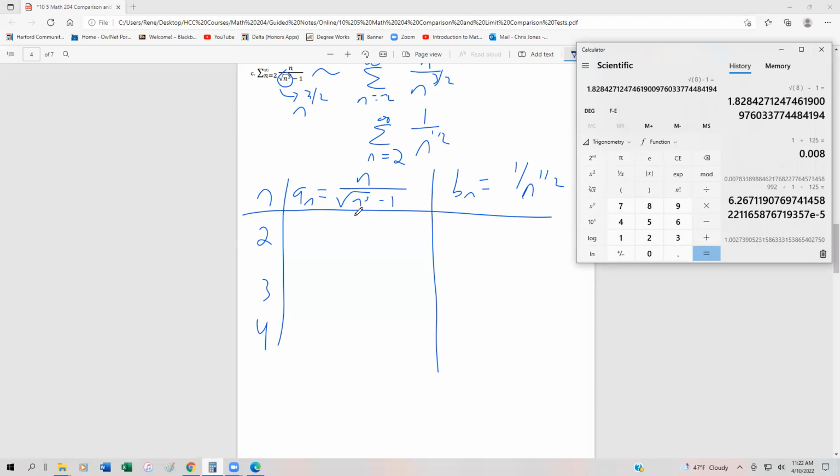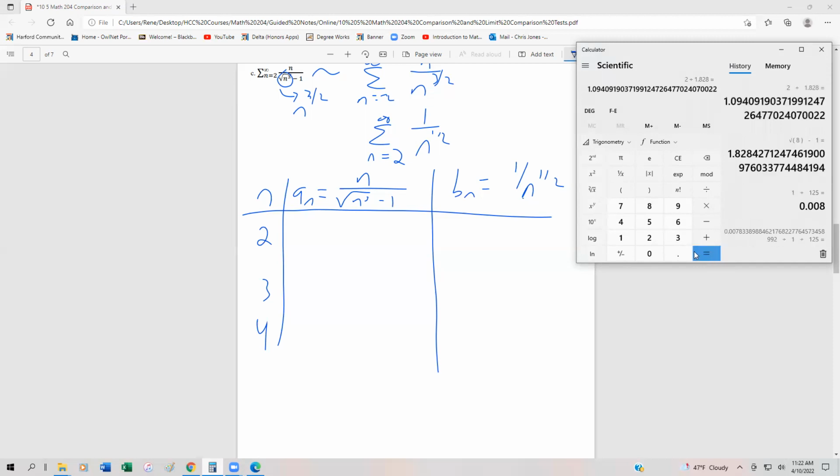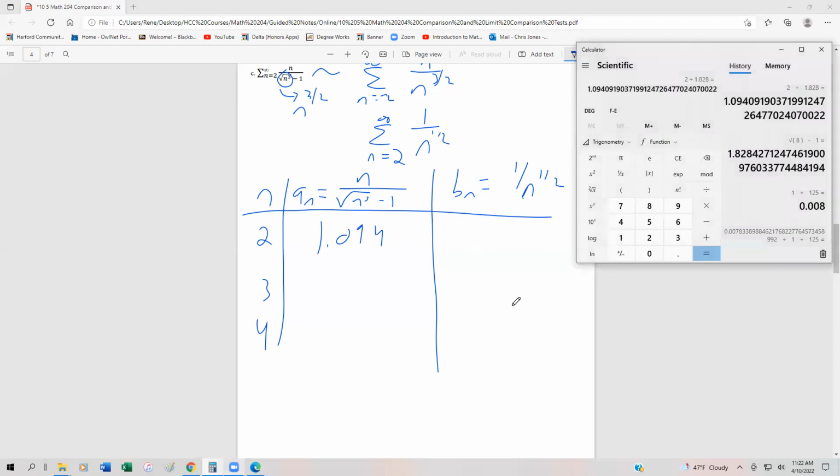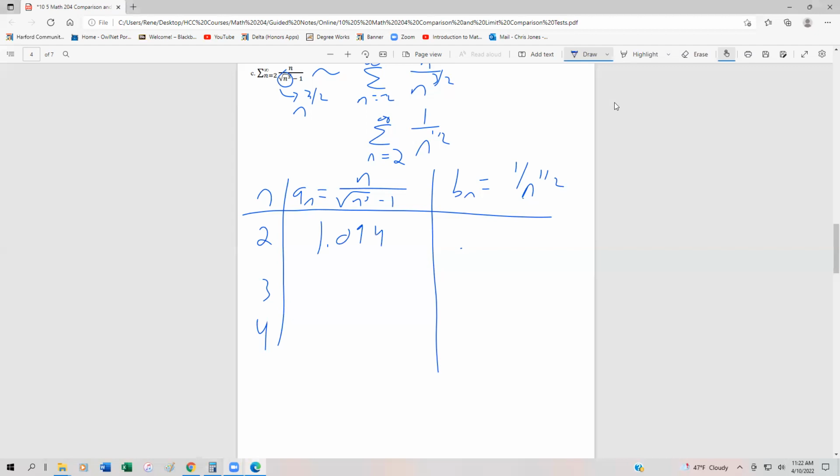So we take 2 over that answer, 2 divided by 1.828, and that gives us 1.094. Then we need 1 over square root of 2, and that's equal to 0.707. So this is bigger.